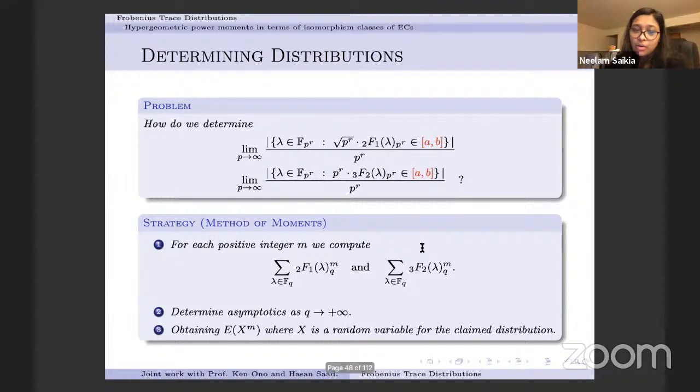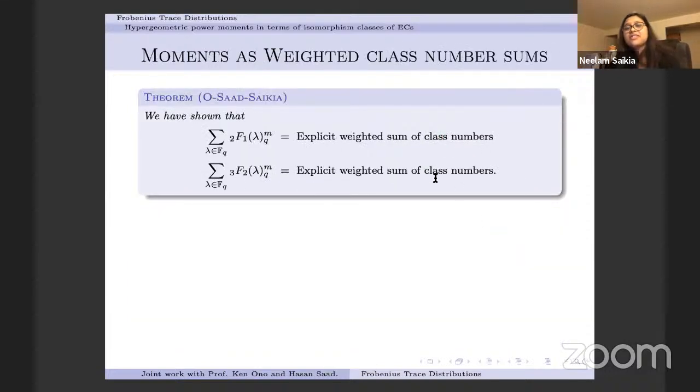Then we compare these moments with the moments of the random variable of our claimed distribution. For the 2F1 and 3F2 functions, these moments can be expressed in terms of weighted sums of class numbers.